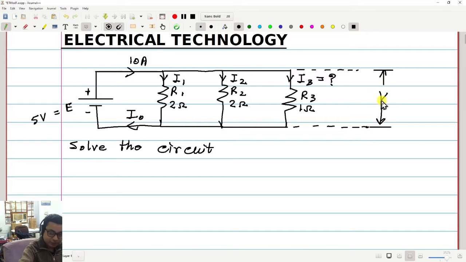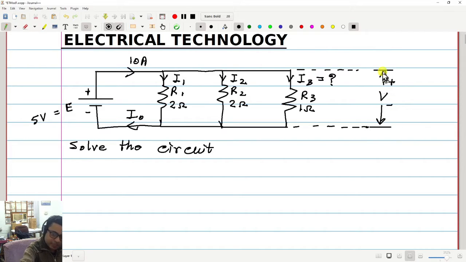But you know, this is not complete unless and until I put some plus minus sign. When I put this plus minus sign, that means I assume that this side is at a higher voltage compared to this side. Without this plus minus sign, my symbols are incomplete.